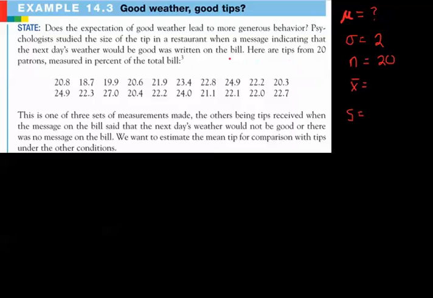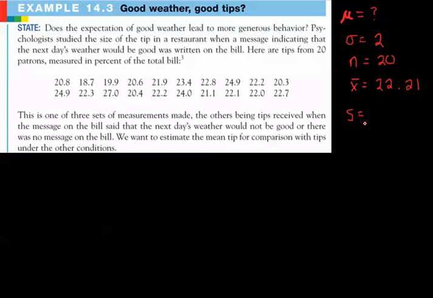So what you may have had to do was enter this data into Excel and calculate the mean from there. But we are given the mean later in this problem because it's an example, and that mean is 22.21.